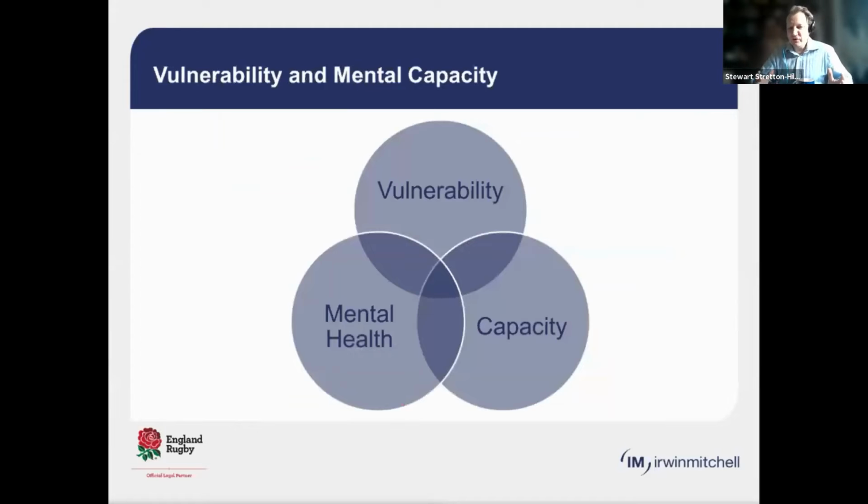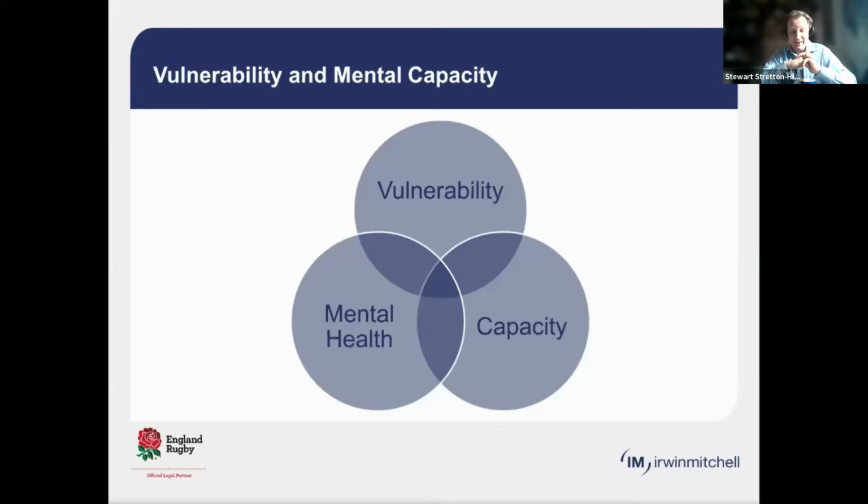So I've talked a lot about vulnerability. I've touched on mental capacity. It's really important to realise they're not the same thing. And this is a really, really good diagram, one of these wonderful Venn diagrams that we all did at school. And I confess I've shamelessly stolen this from Tim Farmer, who is an absolutely wonderful expert in mental capacity assessments.